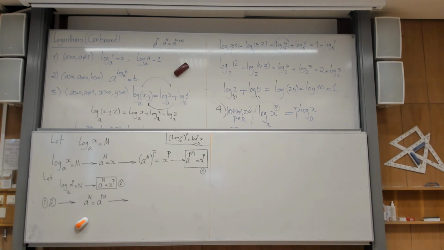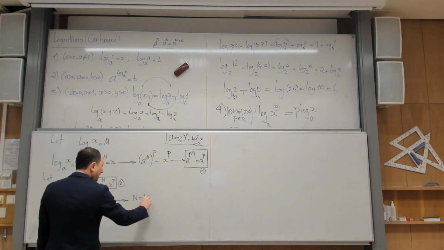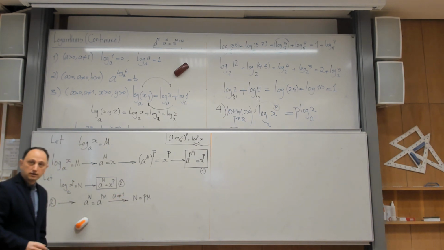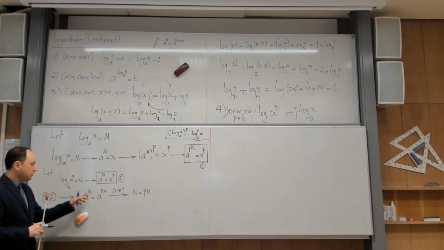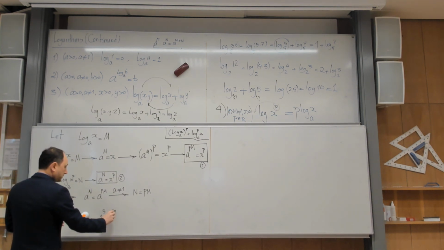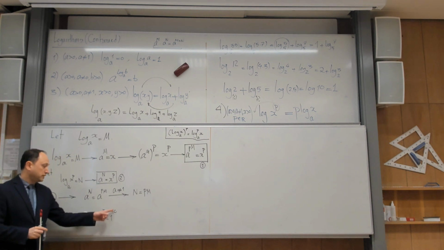Yes, n is equal to pm. But under this condition, this is extremely important here. Because if a is equal to 1, then there is no guarantee. For example, 1 to power 5 is equal to 1 to power 10.